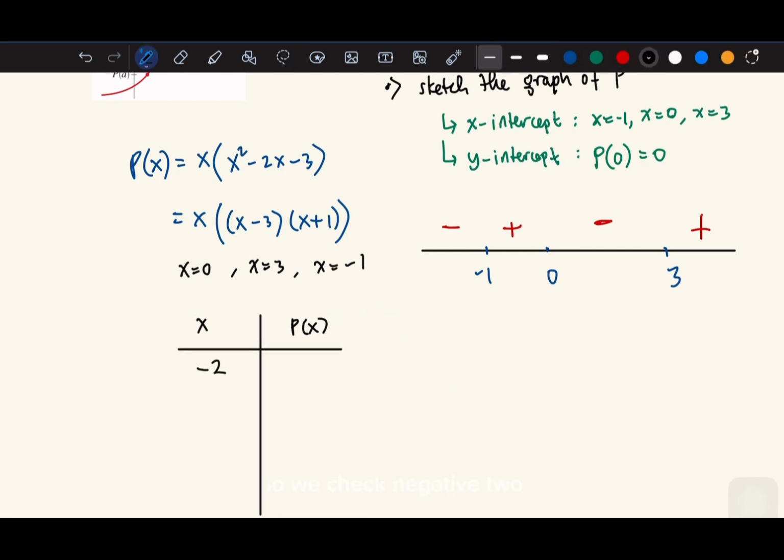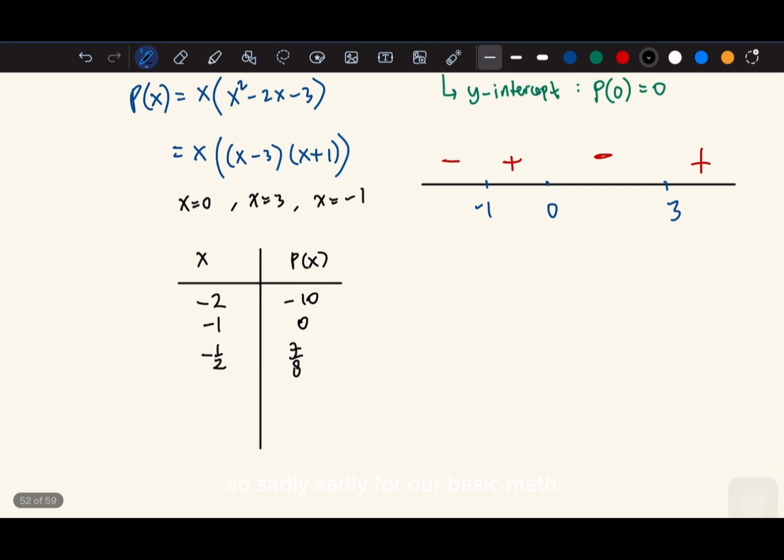So we check negative 2. This is negative 10. Negative 1 is 0. This is the intercept. And maybe negative 1 over 2. Negative 6, 7 over 2. 7 over 4. 7 over 8.